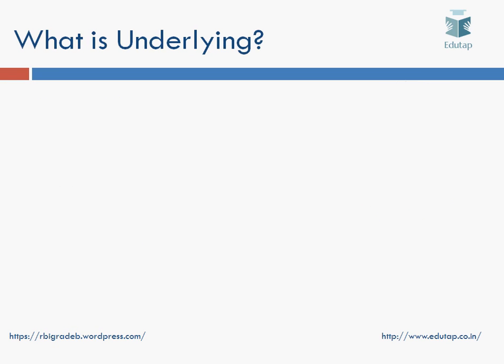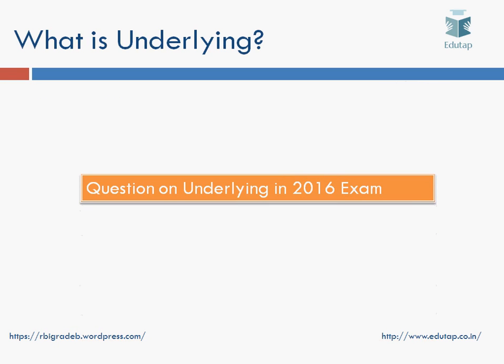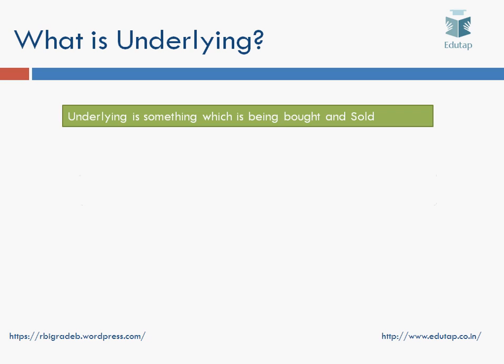Now what is the underlying? The important point to note is that there was a question on the underlying in the 2016 exam. So you need to understand this concept very carefully. Underlying is something which is being bought or sold. So in this contract, the underlying is onions.